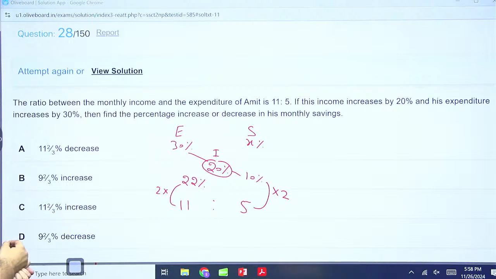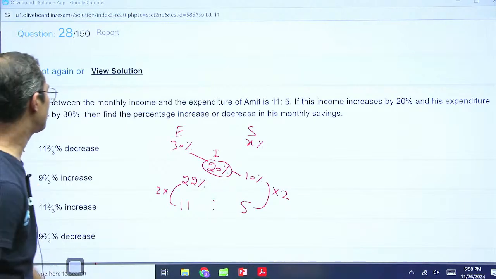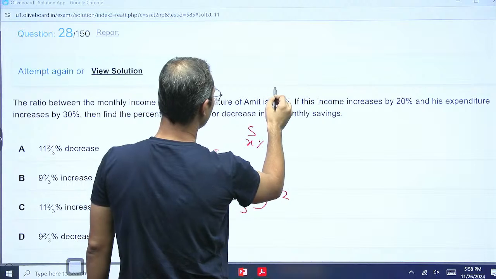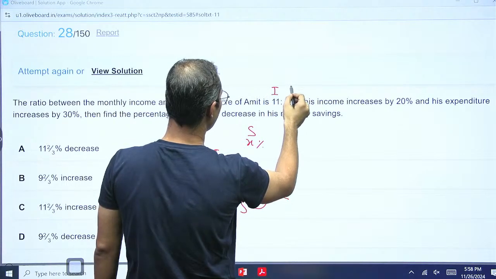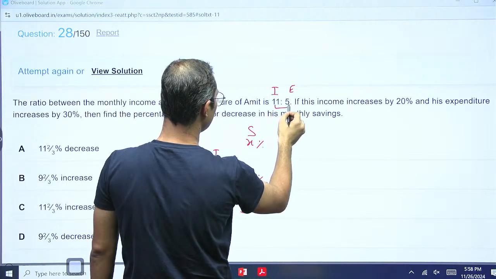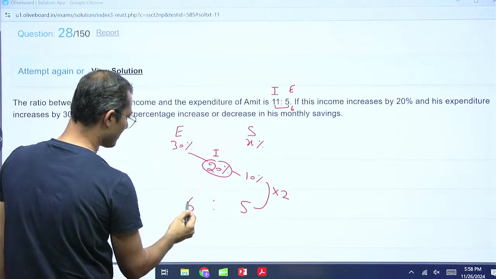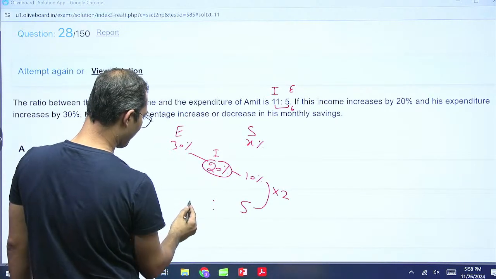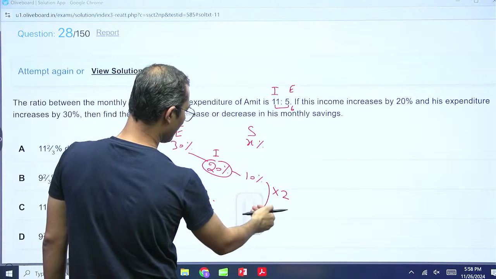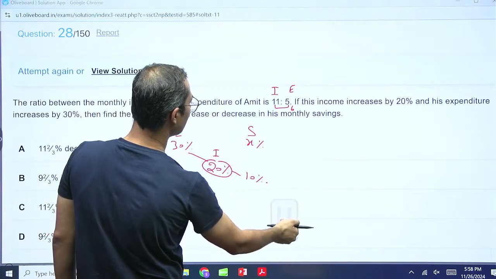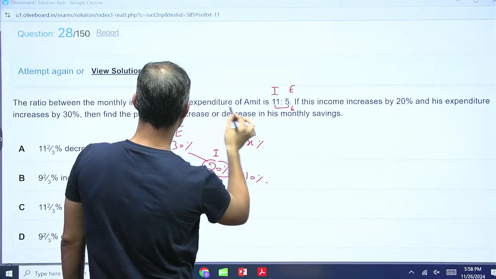See, the ratio of the monthly income to expenditure. This is income and this is expenditure. So the saving is going to be what? 6. So just take 6 here. My mistake. Take 5 for expenditure and take 6 for saving.